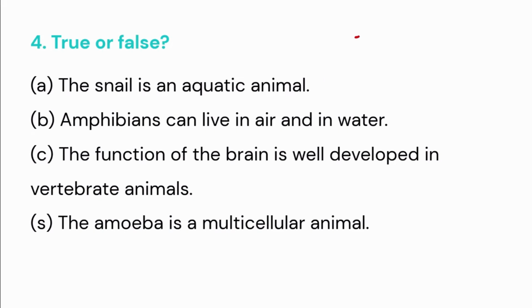Yes, we can see snail on the ground. That's why this statement is totally wrong. Snail can live in water also, and snail can live on land also. That's why the snail is not an aquatic animal. This sentence is said to be false.